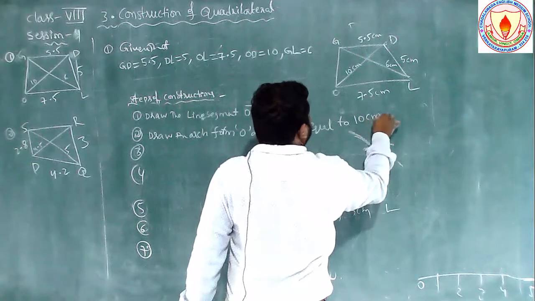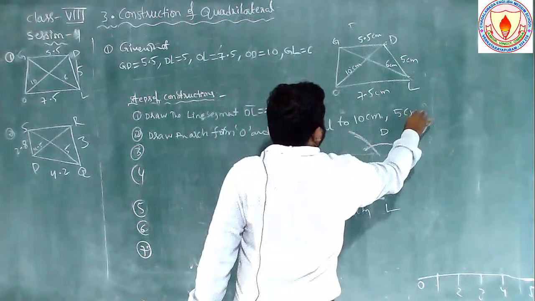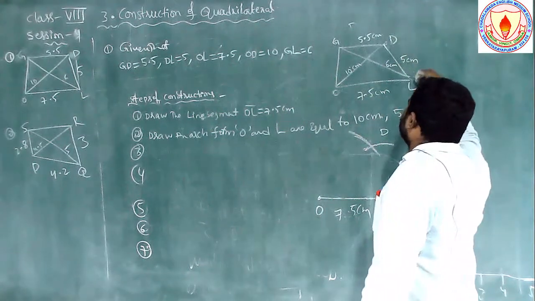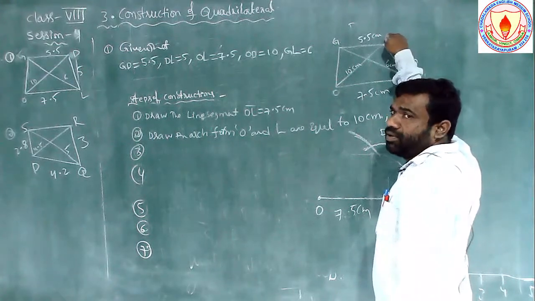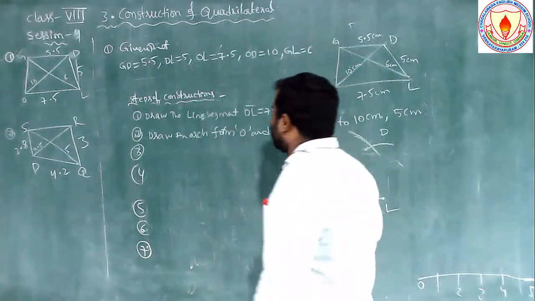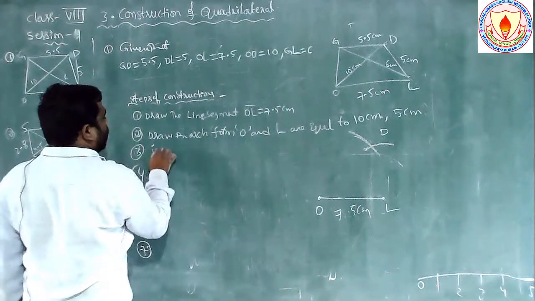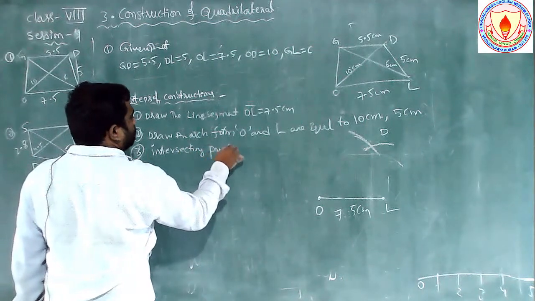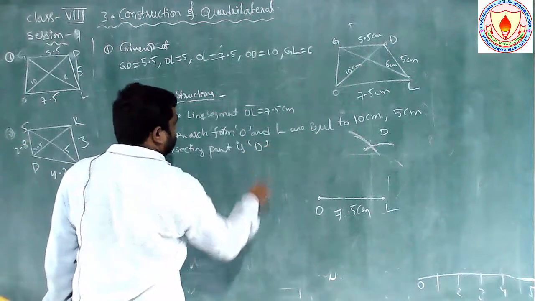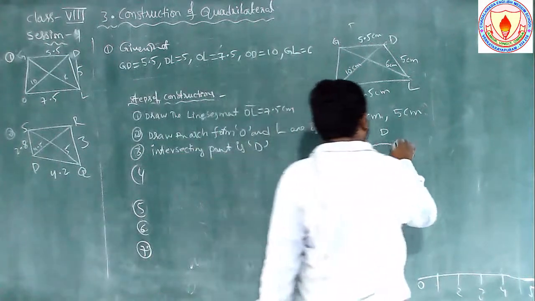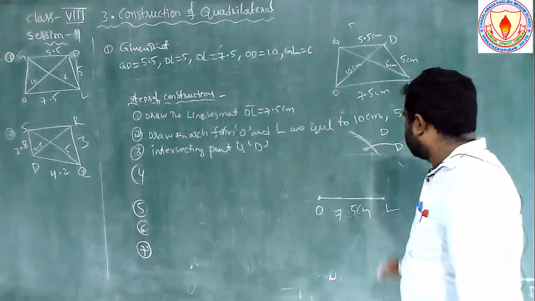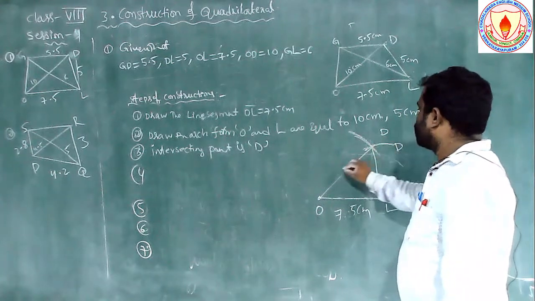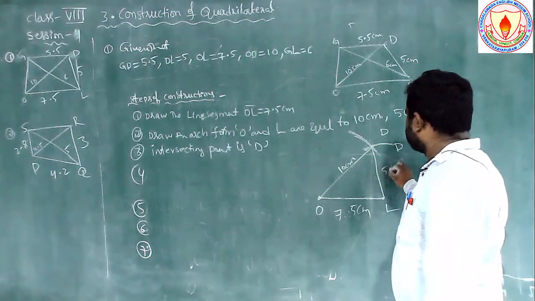So from O draw a 10 centimeter arc, and from L draw a 5 centimeter arc. That intersecting point is named D. Join that.